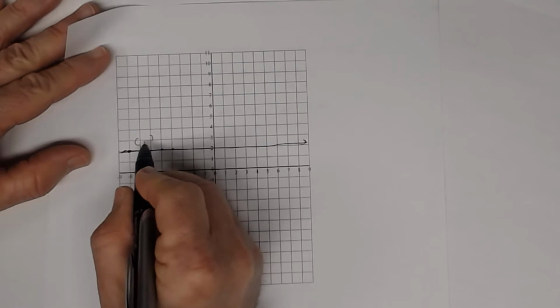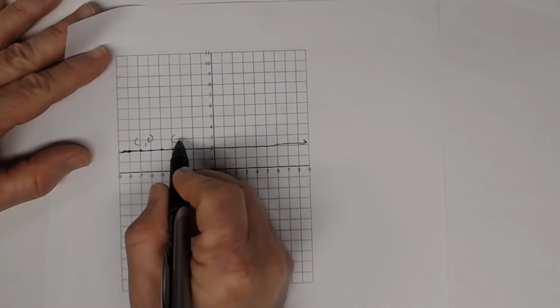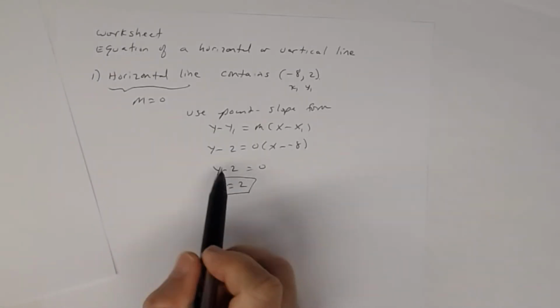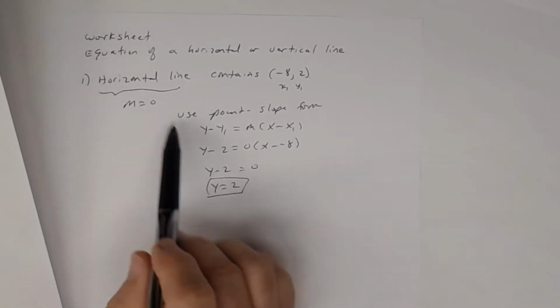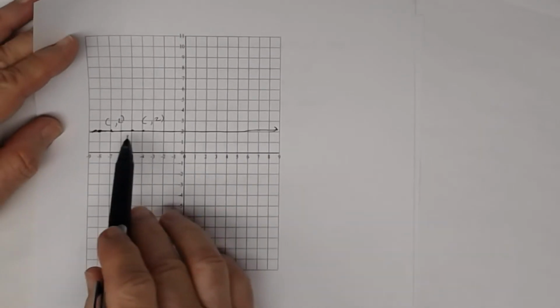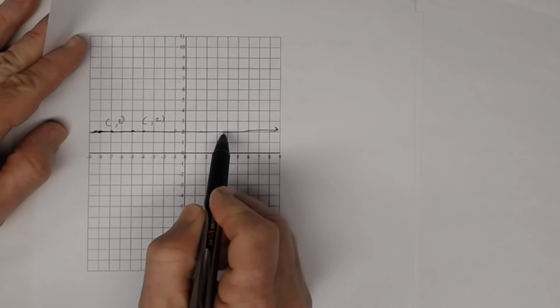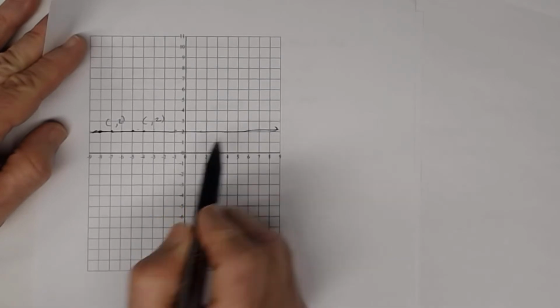This y coordinate is 2, this y coordinate is 2, and so on. So it makes sense that this is the equation of this line, because it's a horizontal line and all these y coordinates are 2.